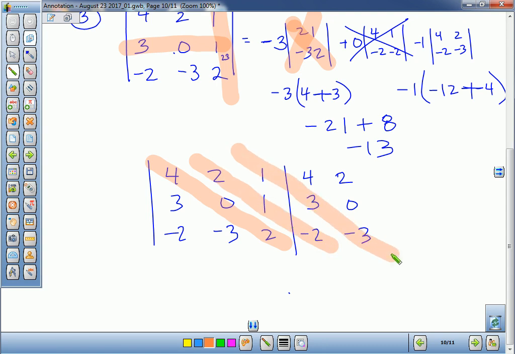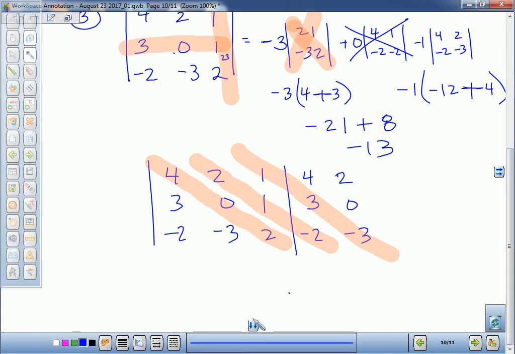So I'm still finding my cross products. The highlighter. Is this just another way to do it? Mm-hmm. If you had a 4 by 4, would you repeat the first 3 columns? Yeah.